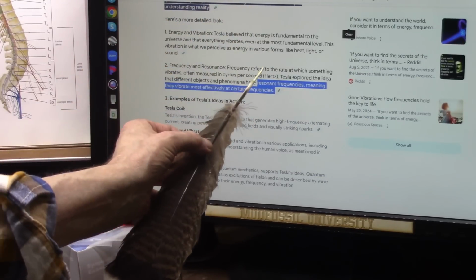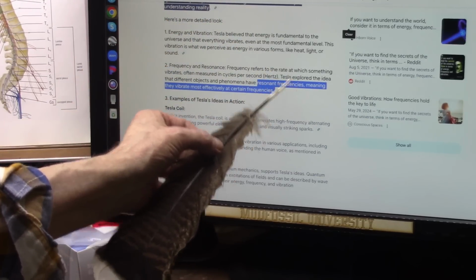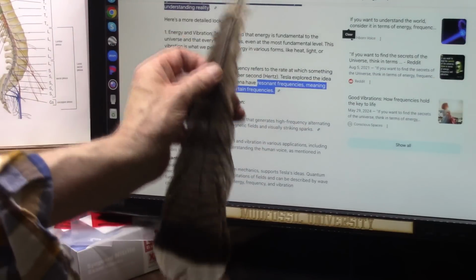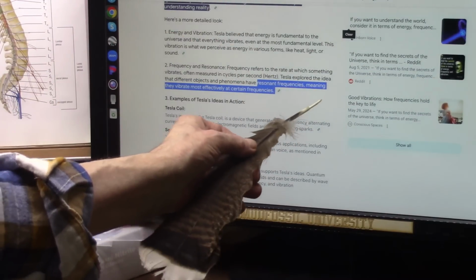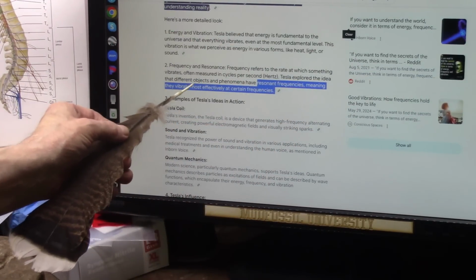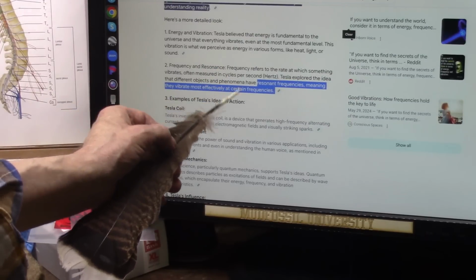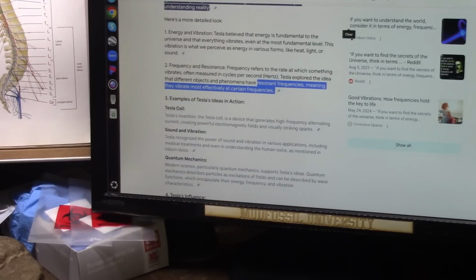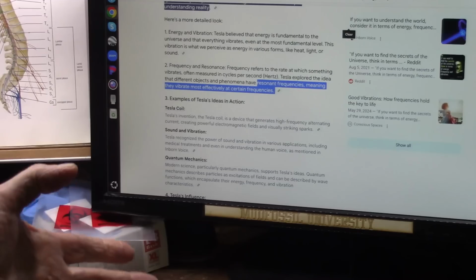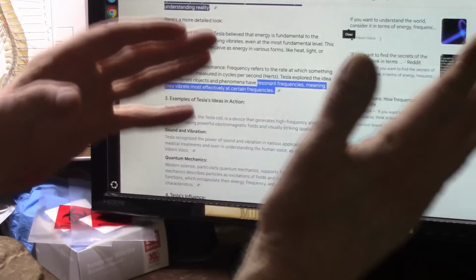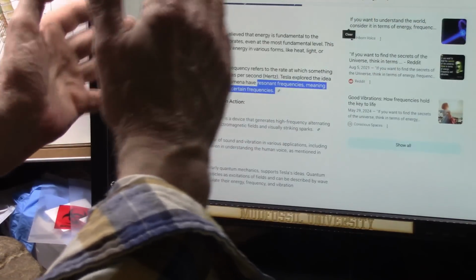Remember this, resonant frequencies. Not just any frequency, resonant frequencies, meaning they vibrate most effectively at exactly certain frequencies. Most effectively. Well, effectively in what case? For the most amount of energy. The most amount of energy at a certain frequency.